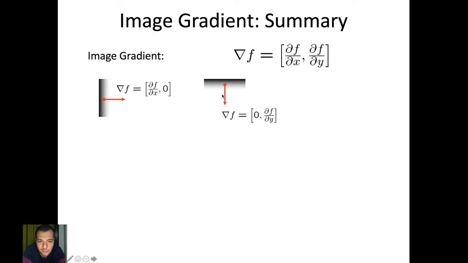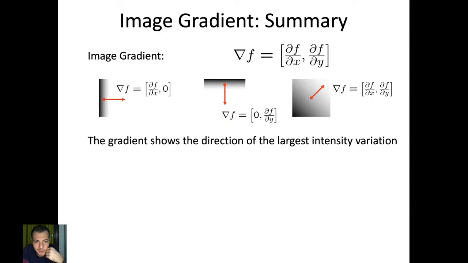For a variation on the vertical axis it will look something like this, and for any other orientation it will be a vector like this. So the orientation is given by the direction with the biggest change, and the magnitude is proportional to the change in the respective direction.